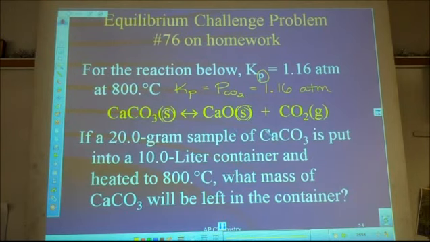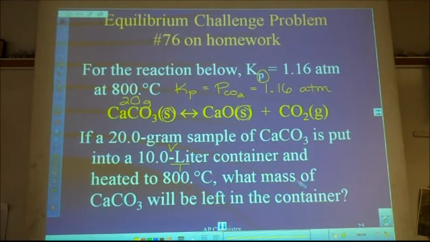A 20-gram sample of calcium carbonate, I'm going to write it above here, is put into a 10-liter container, that's a volume, heated to 800 degrees. What mass of calcium carbonate will be left in the container? The gist of this is, guys, I have information about the gas and about this reactant.